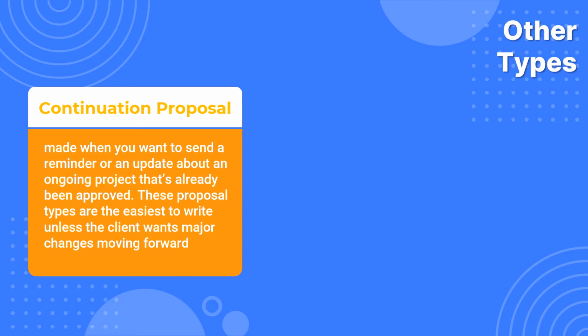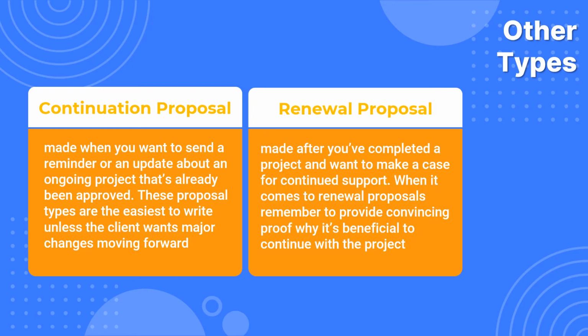These proposal types are the easiest to write unless the client wants major changes moving forward. The renewal proposal is made after you have completed a project and want to make a case for continued support. When it comes to renewal proposals, remember to provide convincing proof why it's beneficial to continue with the project.